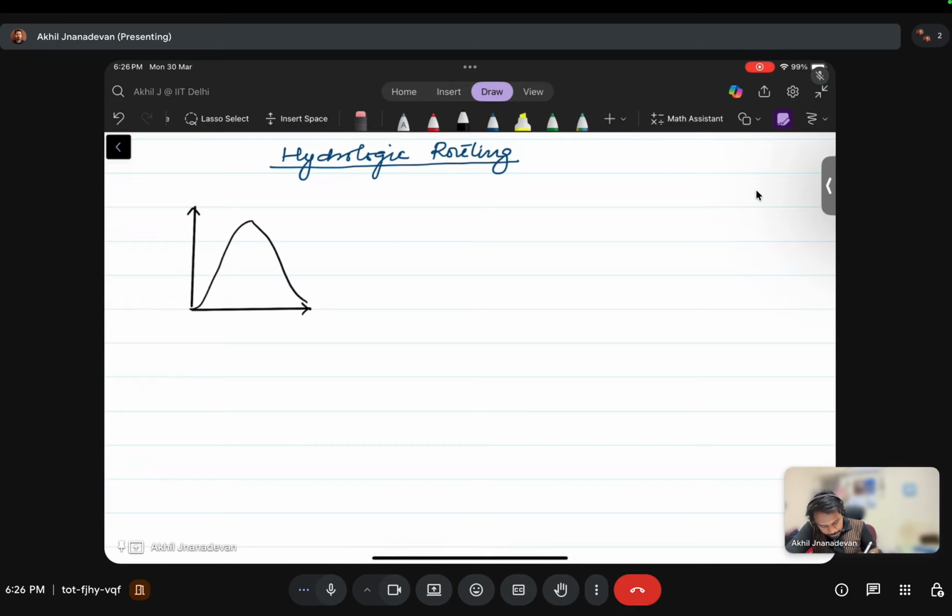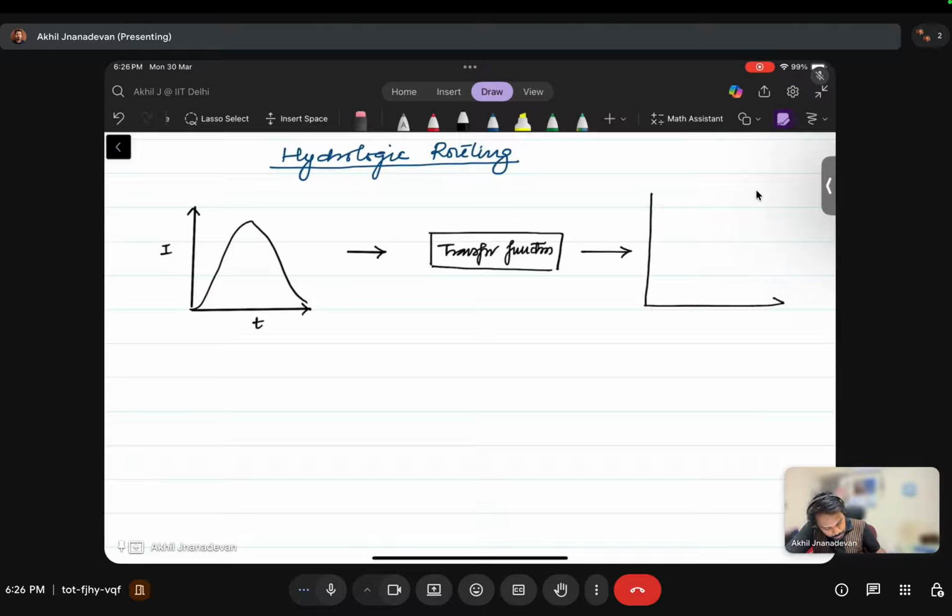This is Q versus T, or I can call it I versus T. We will be passing it through something called a transfer function, and we will be getting an output, Q versus T, that is the outflow.